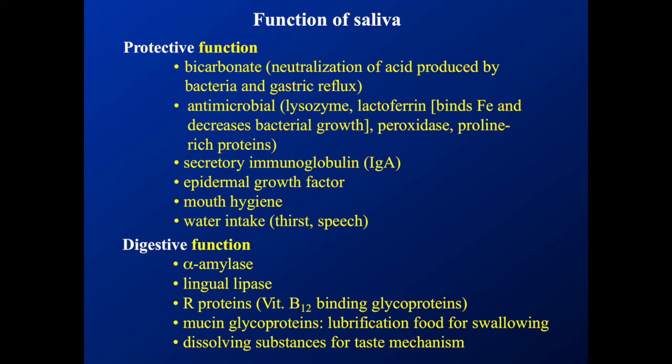A common GI complaint is gastroesophageal reflux, and saliva presents a natural mechanism to cope with this because the bicarb in it then neutralizes excessive acid influx into the esophagus.